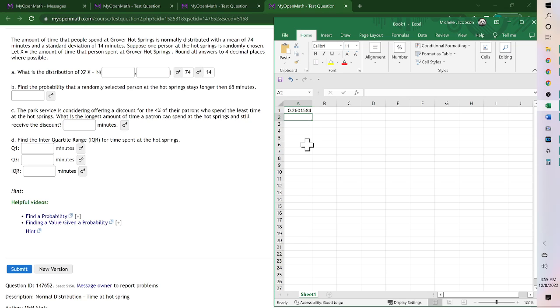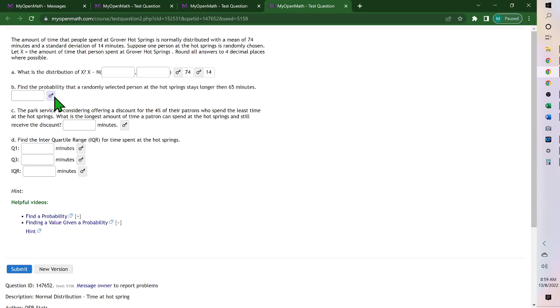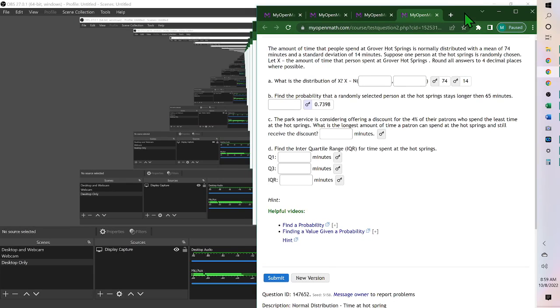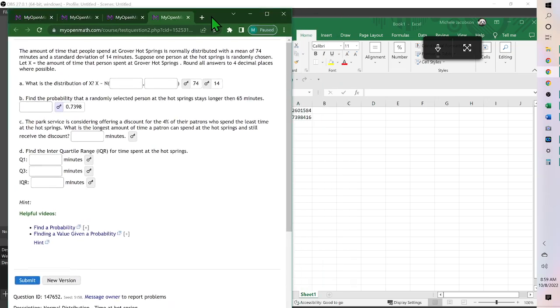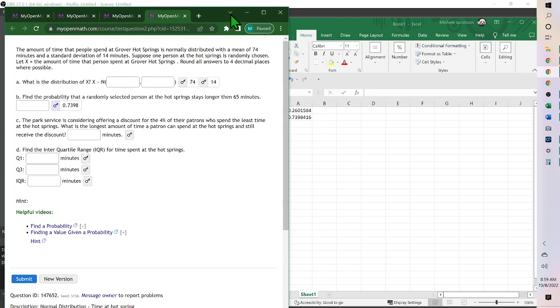We want the percent above. So we go equals 1 minus and pick that value and hit enter. There we go, so it'll stay up there.